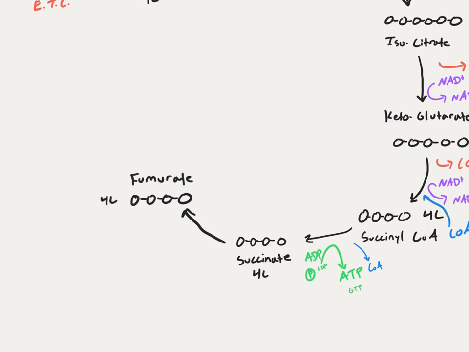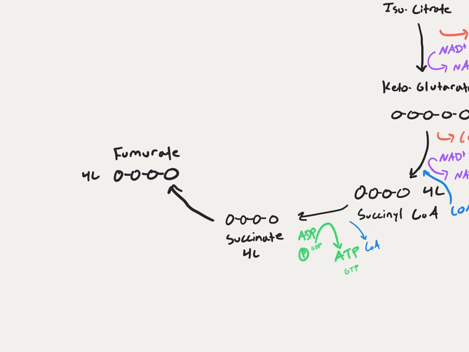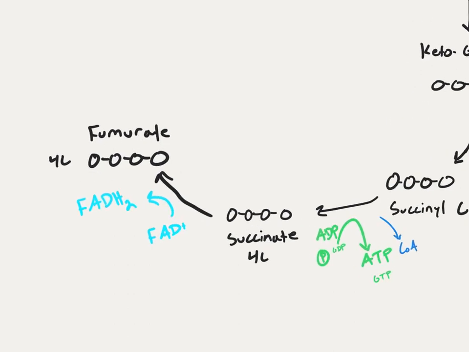During this conversion, a new molecule called FAD plus reacts and is converted to a molecule called FADH2. FAD plus and FADH2 are very similar to NAD and NADH in that it's a highly reactive molecule and will release hydrogens and electrons very easily.